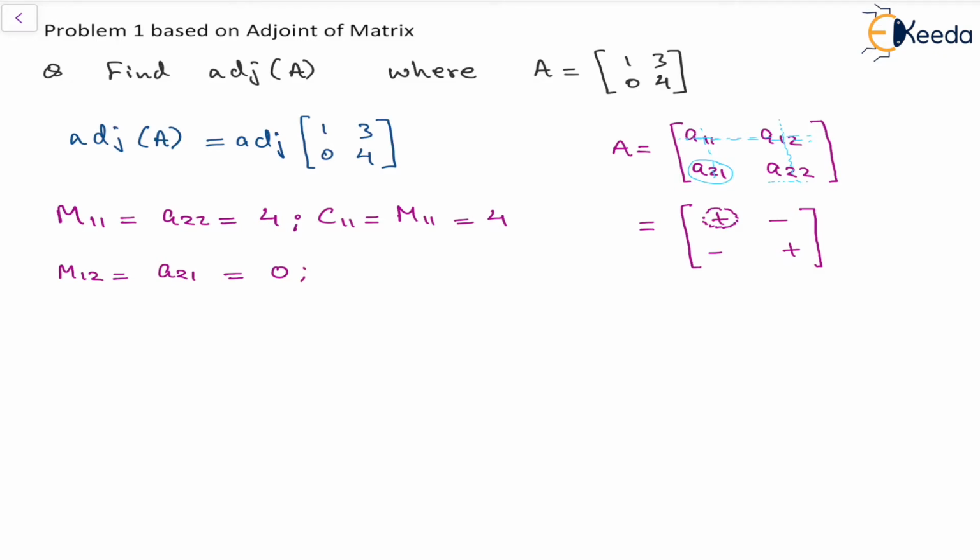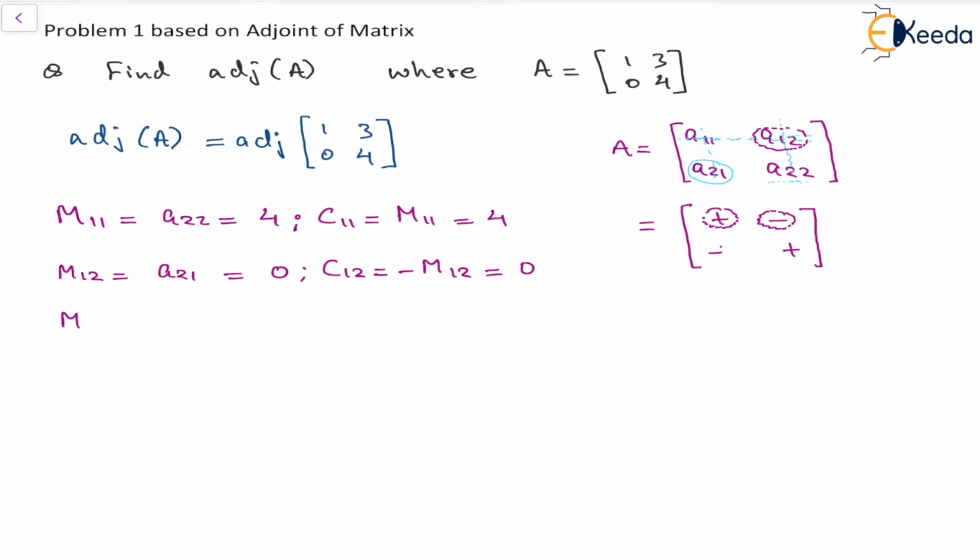Now we can see that this M12 is an odd position, so because of which the cofactor will be negative of the minor. So C12 is minus of M12, which will be 0 itself.